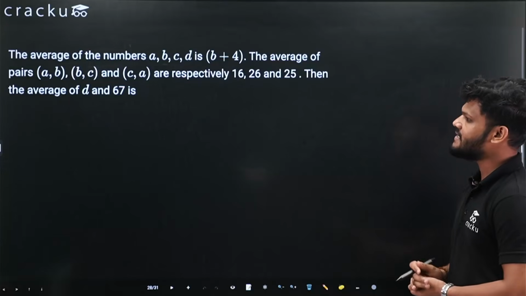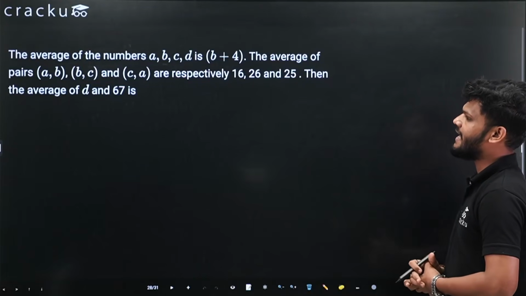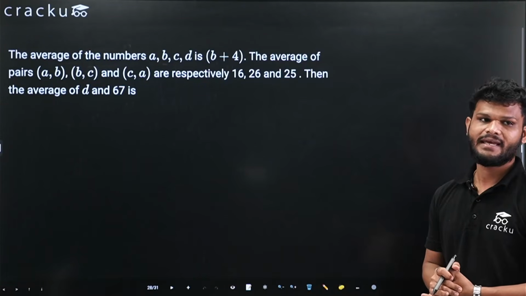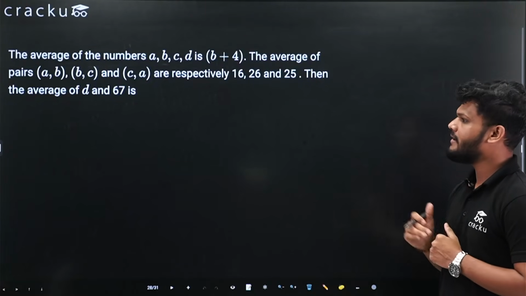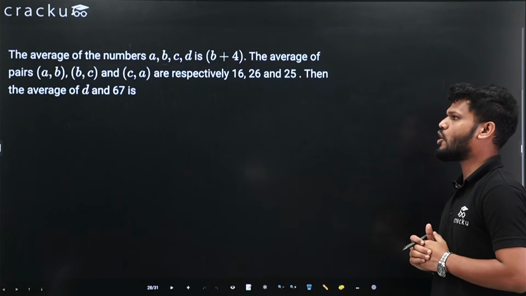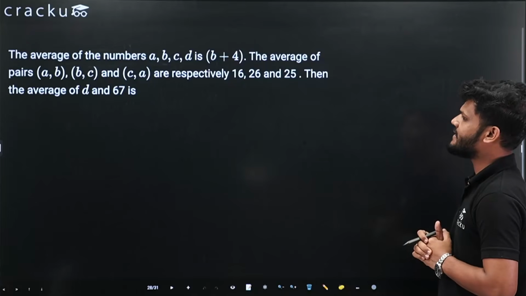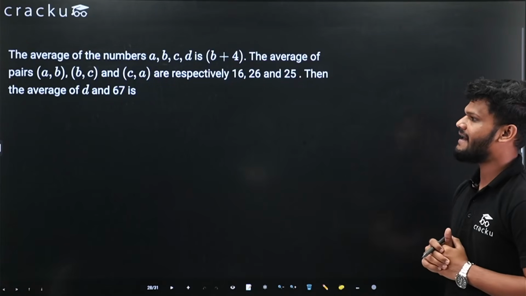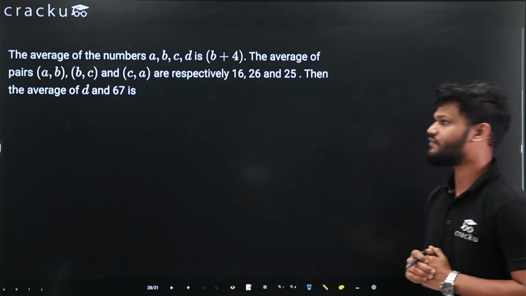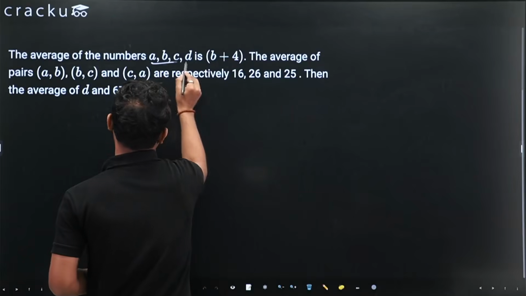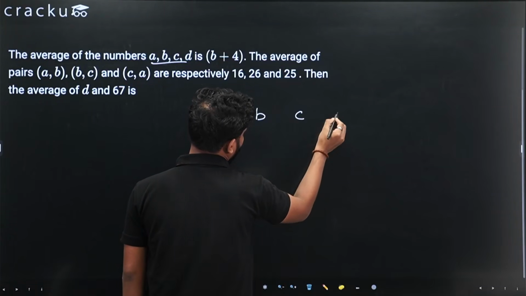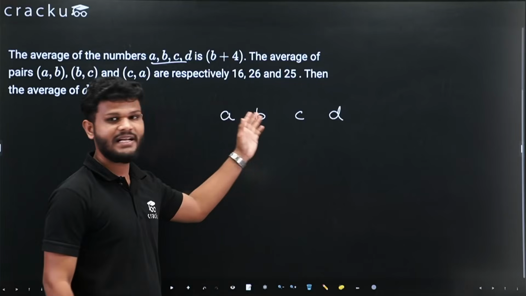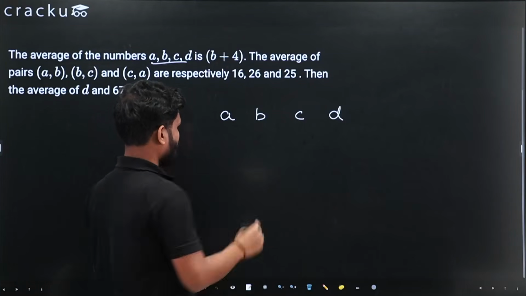In this question we are asked: the average of the numbers A, B, C, D is B plus 4. The average of pairs A, B; B, C; and C, A are 16, 26 and 25. Then the average of D and 67 is what? Let us first write down. I have A, B, C and D. The average is given as B plus 4.